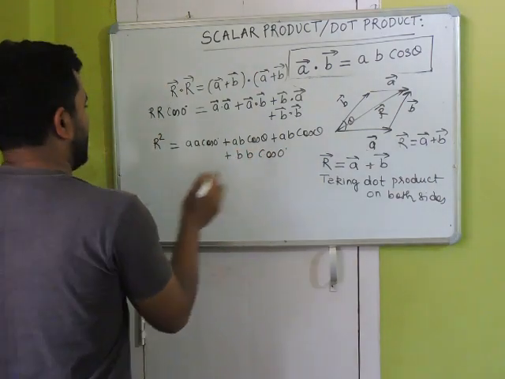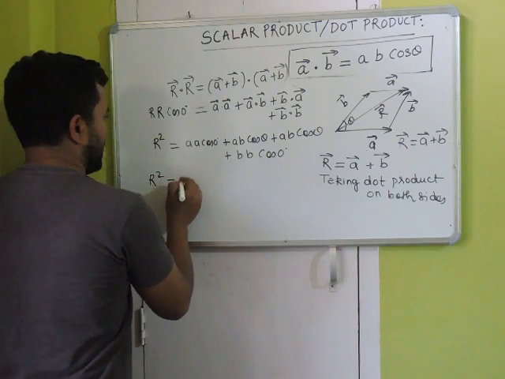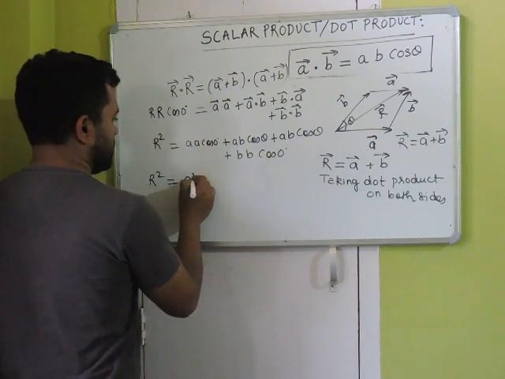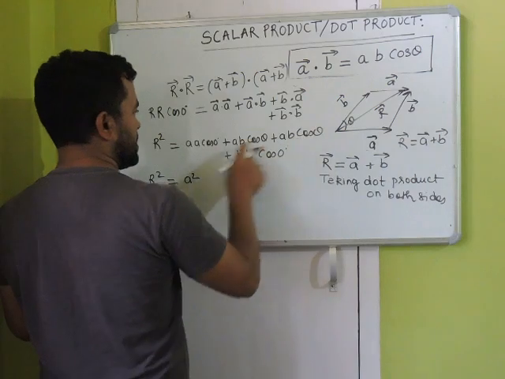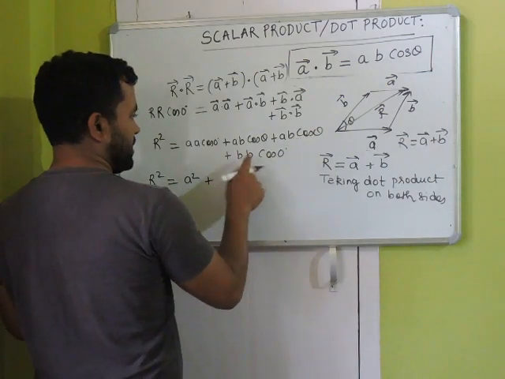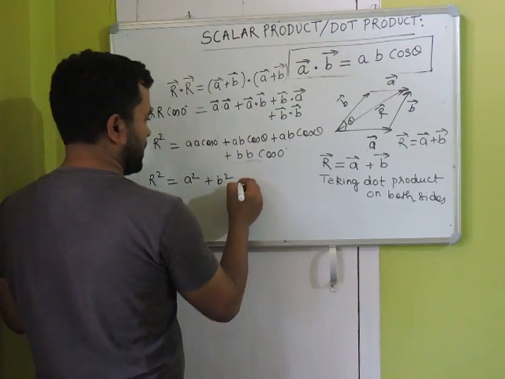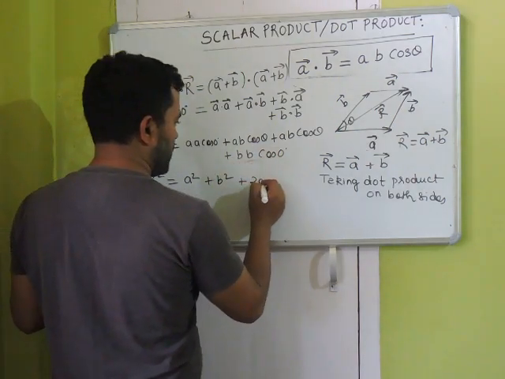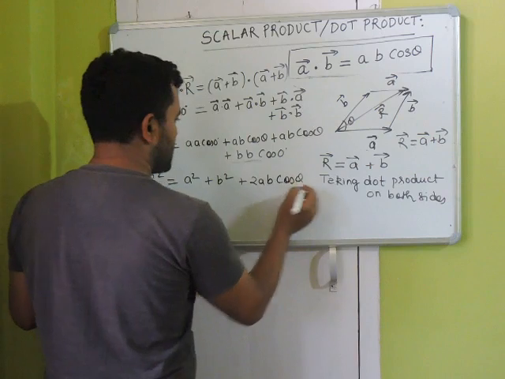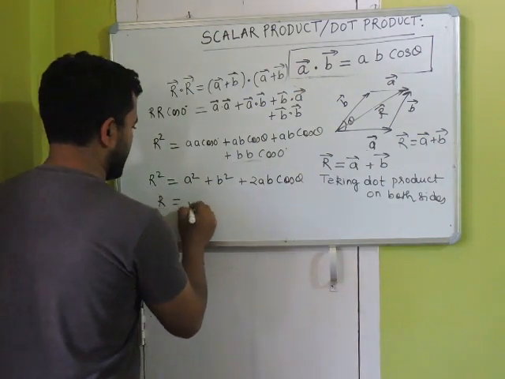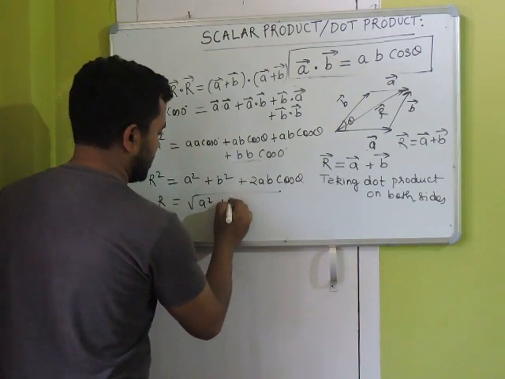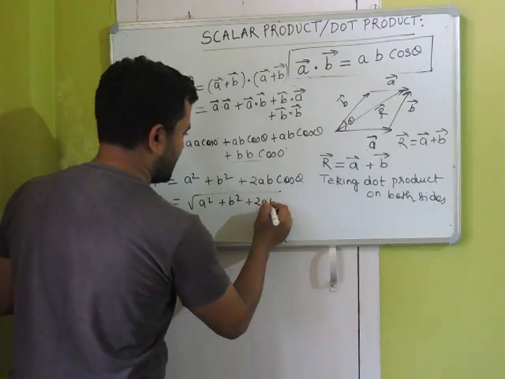Now you can see we'll get r square equals a into a is a square, plus b square, b into b, plus 2ab cos theta. So this was the magnitude of the resultant, right? What we found out earlier.